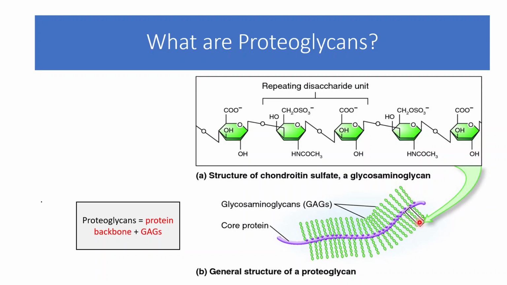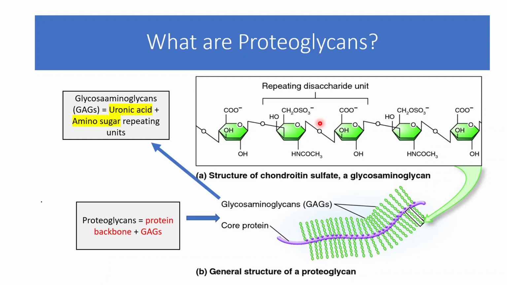If you see one green section, you can see this is the glycosaminoglycan. So proteoglycans are protein backbone with glycosaminoglycans. Now this glycosaminoglycan is made up of a repeating disaccharide unit, so repeating 2 units, which are uronic acid and amino sugar.